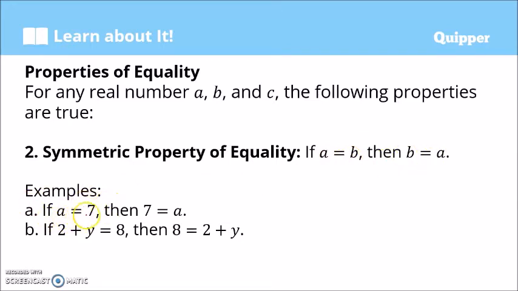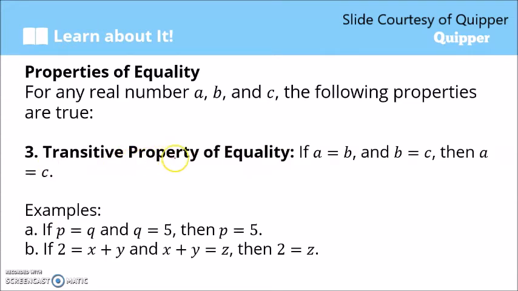Example, if a equals 7, then we can also say that 7 equals a. So, it is just reversed, and the reverse is also true. Next example, if 2 plus y equals 8, then we can also say that 8 equals 2 plus y. That's the symmetric property of equality.